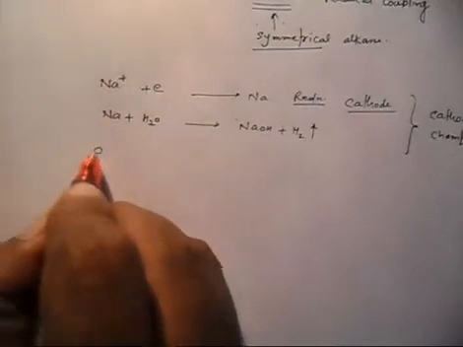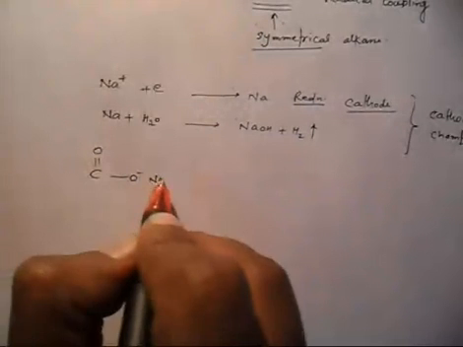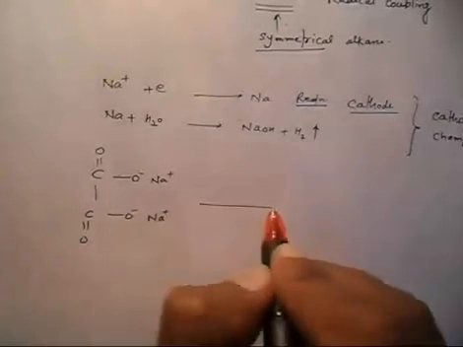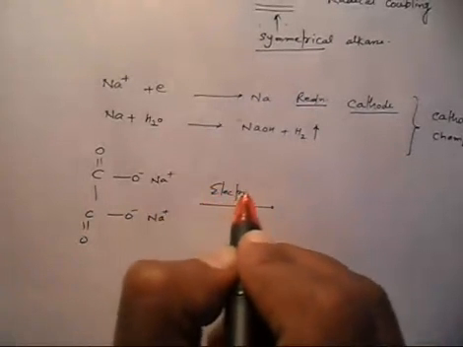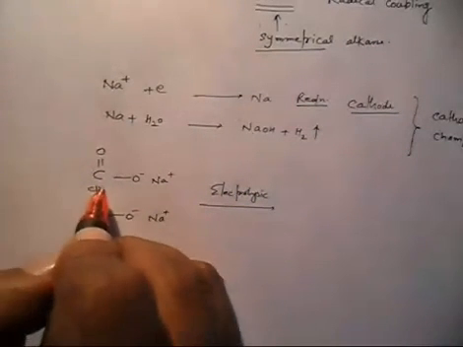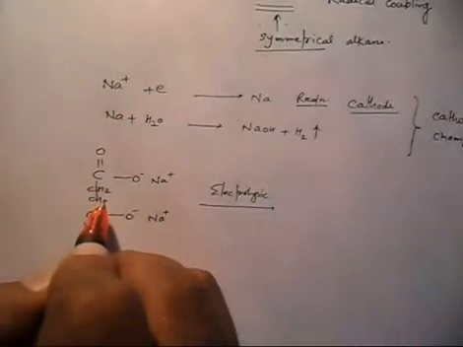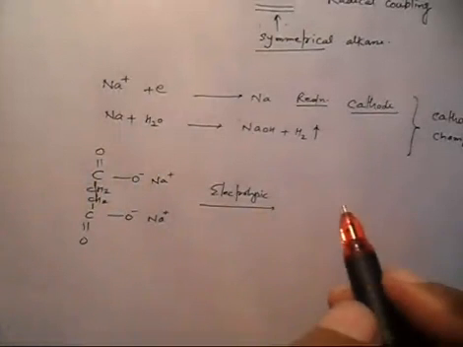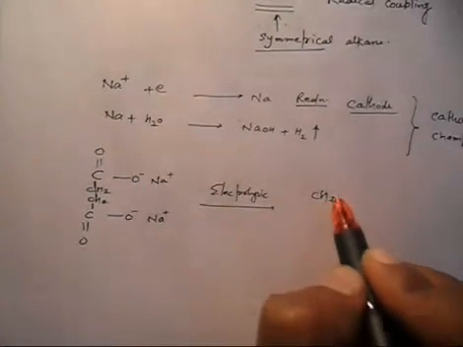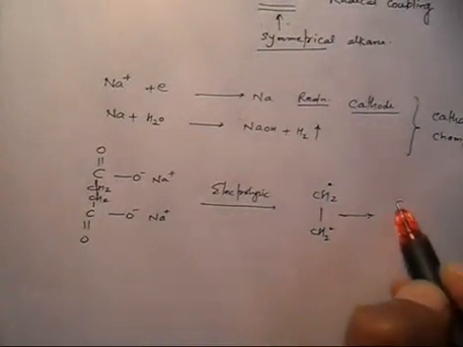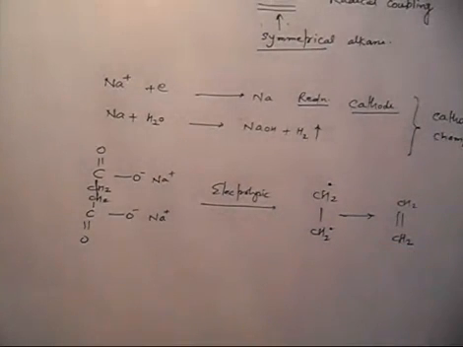Now if you have something like RCOO⁻Na⁺ with a CH2 group and do electrolysis, you generate a radical RCH2•. These radicals can further combine and you can even generate an alkene.